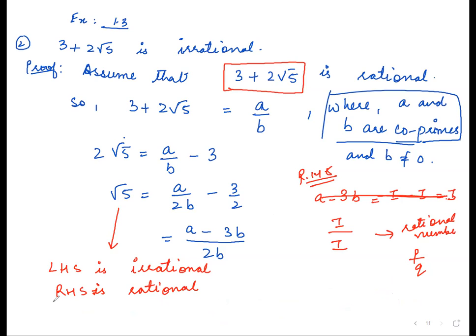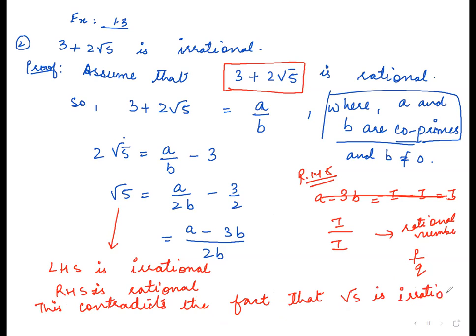You write that this contradicts the fact that under root 5 is irrational, right? You don't have to write the other part.